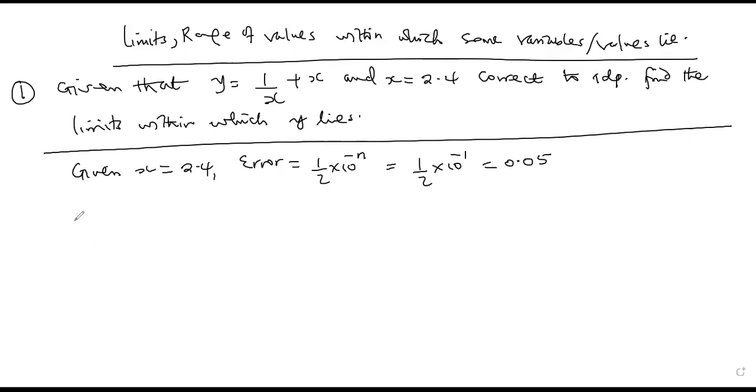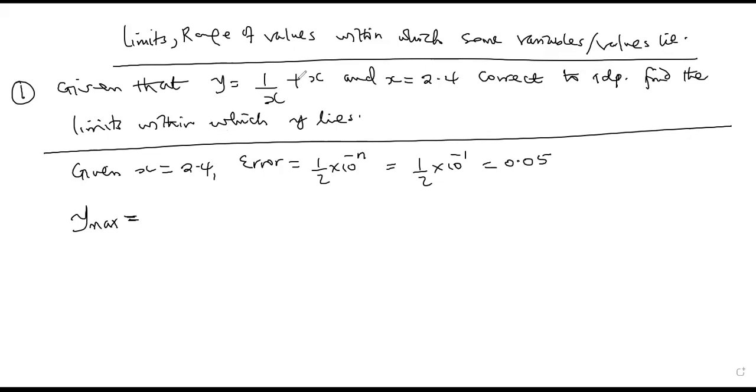So maximum of y, that is y max, is going to be equal to, we shall maximize everything here. You can rewrite this by saying x plus 1 over x, which is okay also.